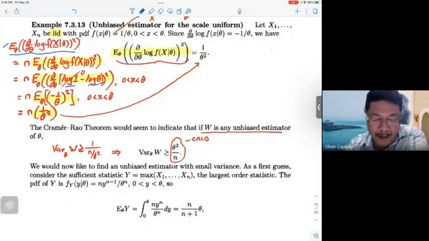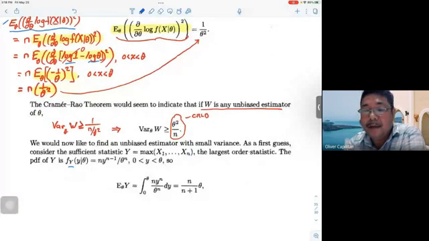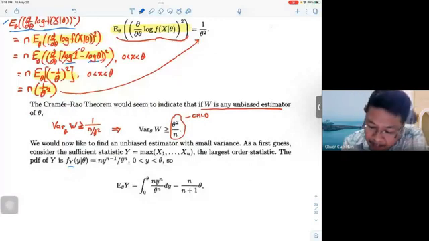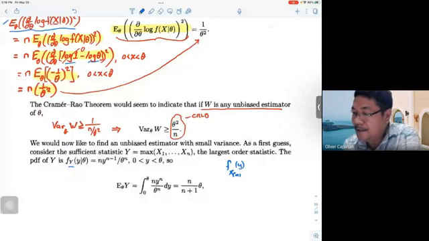So the PDF of Y is, we have the formula in chapter 4, I think. A formula for this, we have f of x sub n, say y, this is equal to n factorial divided by (n minus 1) factorial. Then we have the PDF for that, and then we multiply by the CDF, F of y, raised to n minus 1.